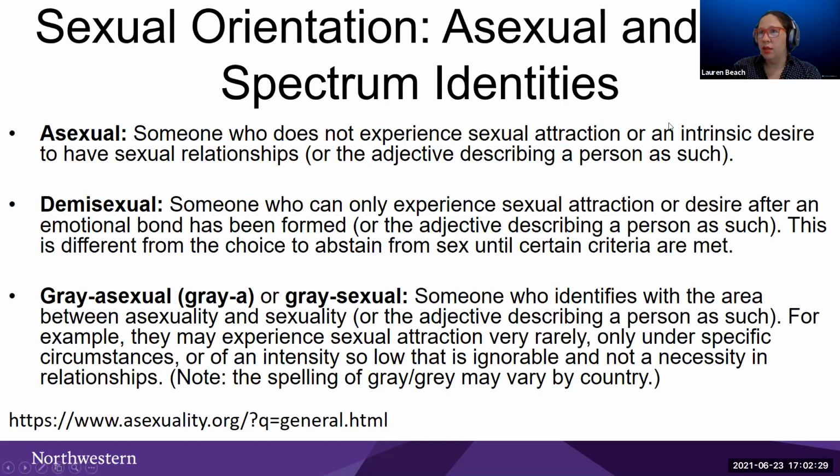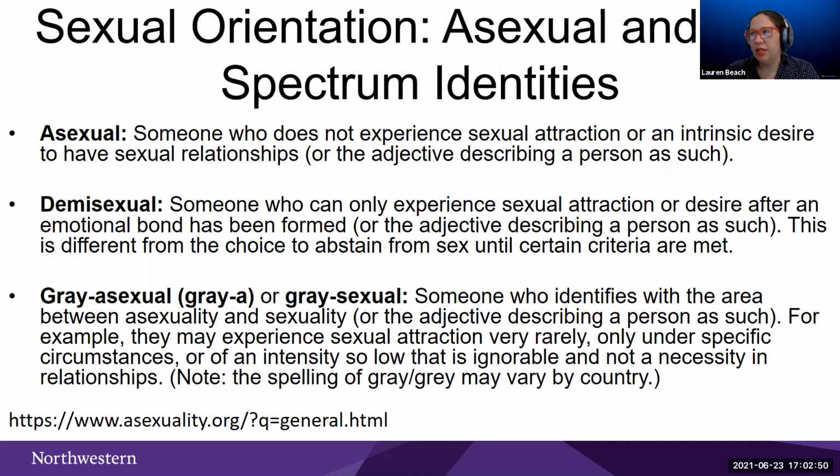Okay. So next up, asexuality. This may also be an area where, even if you are an expert in LGBTQIA plus or SGM health, you might not know much about asexuality. But an asexual person is someone who does not experience sexual attraction. That's the very simplest definition.